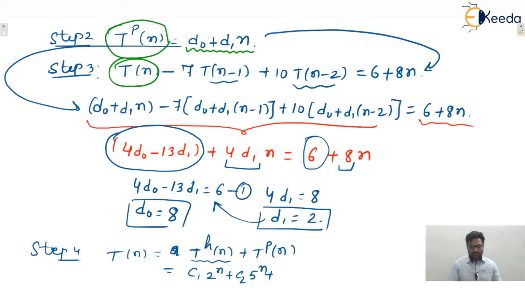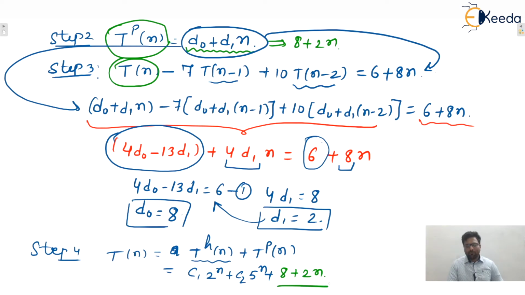Plus this particular solution, which is d0 plus d1 n. Substitute the values of d0 and d1: 8 plus 2n. That was step 4.